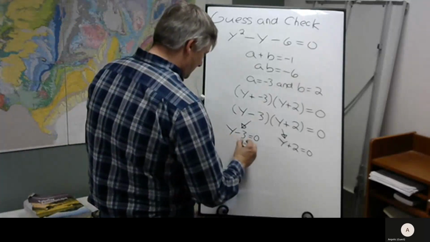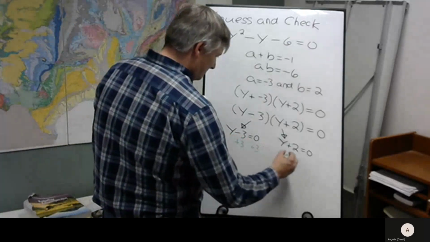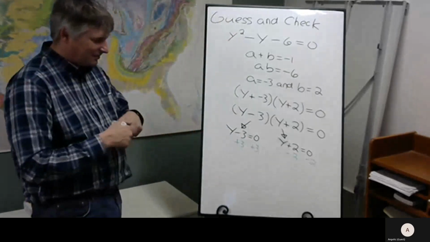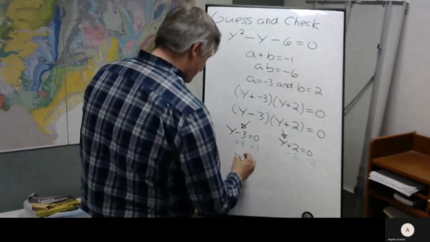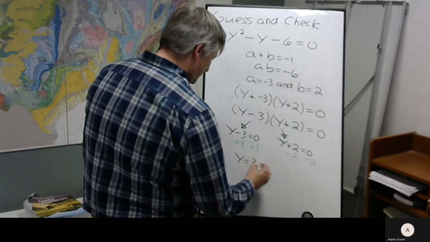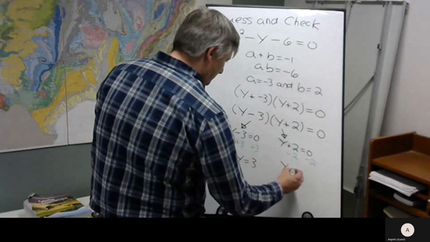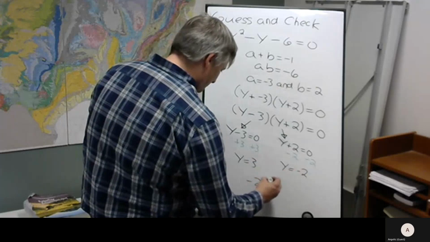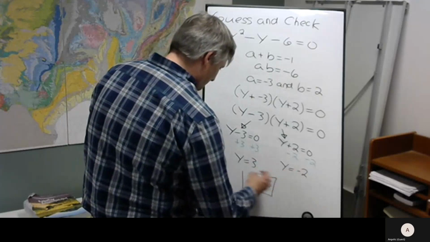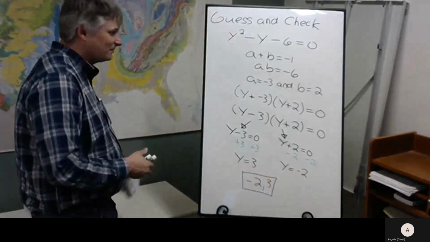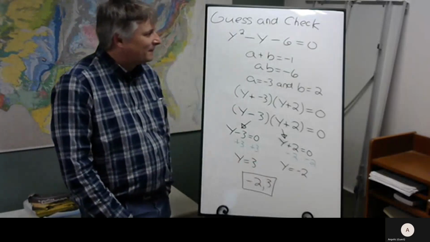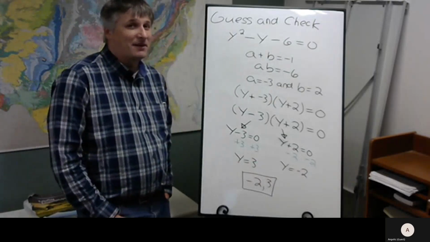So we'll add 3 to both sides. Subtract 2 on this side, on both sides. And so what we'll get, y is 3 and y is -2. And so those will be our answers. Questions about that?